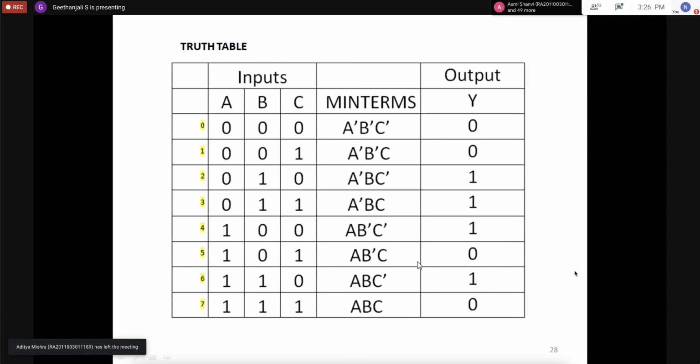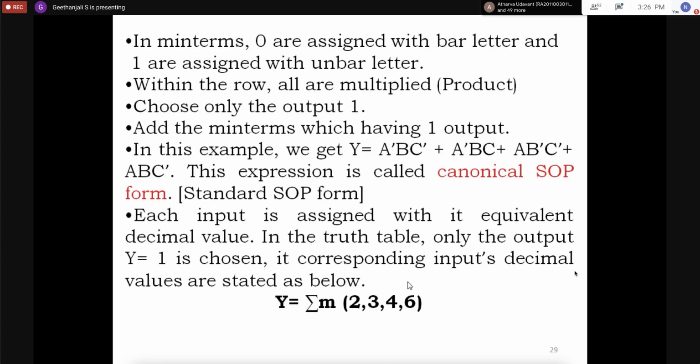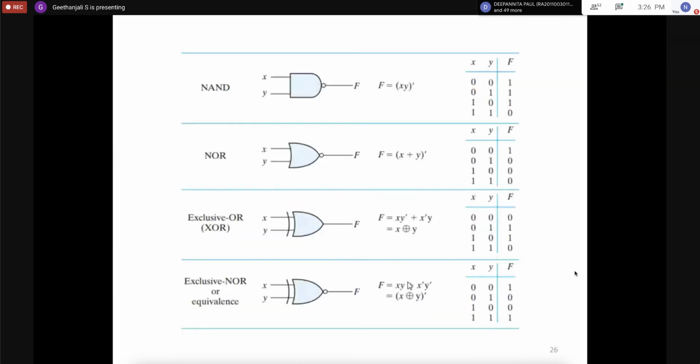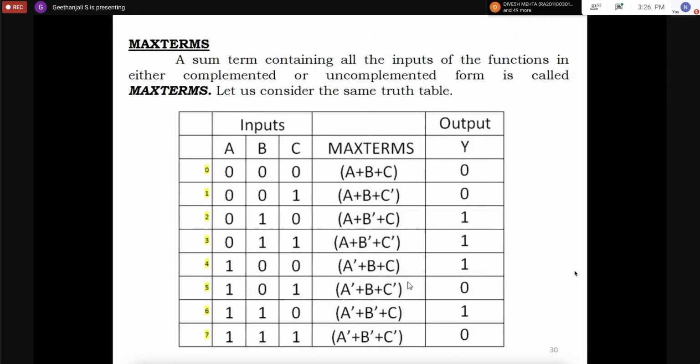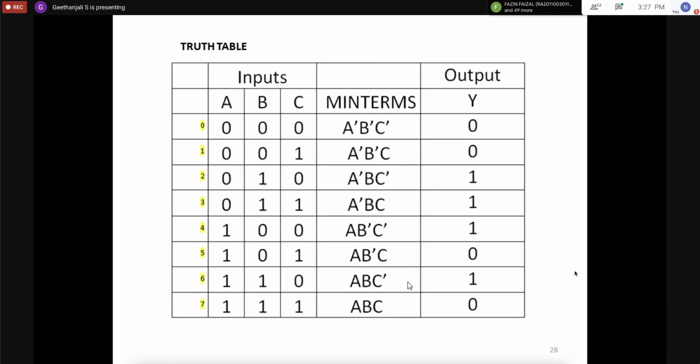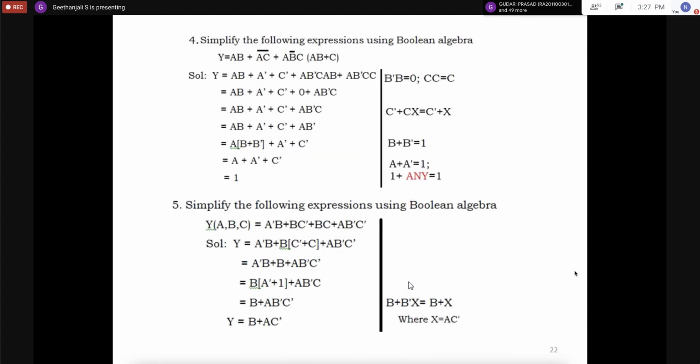Ma'am, explain the output again. Now the output would be given in the question, no?